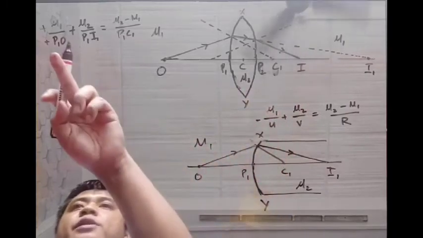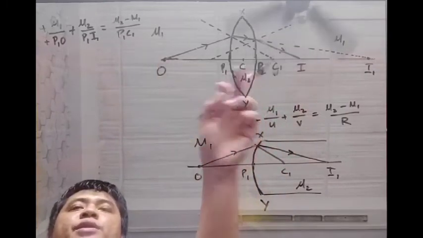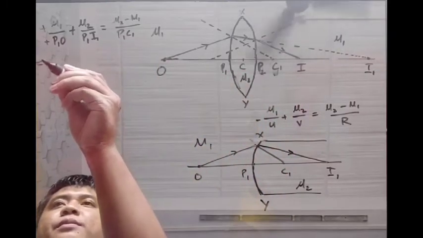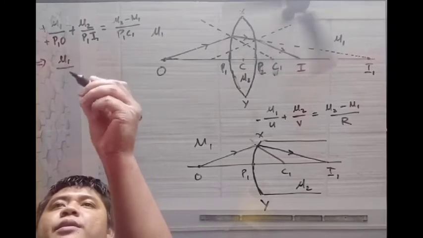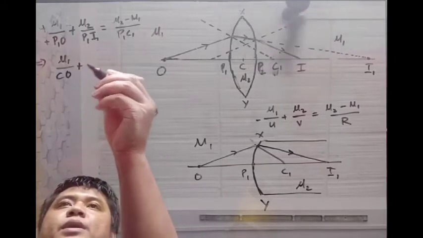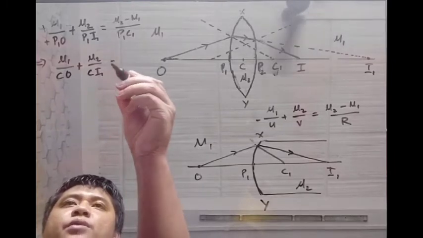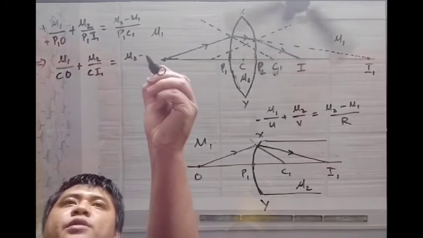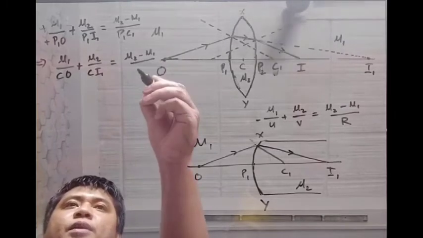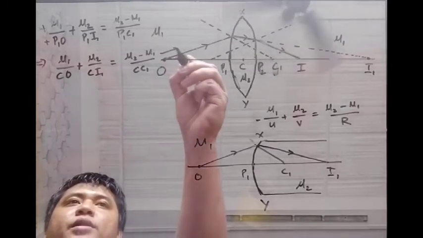That means all these P1 are replaced with C. It becomes mu1 by CO plus mu2 by CI1 equals to mu2 minus mu1 by CC1. Let it be equation 1.